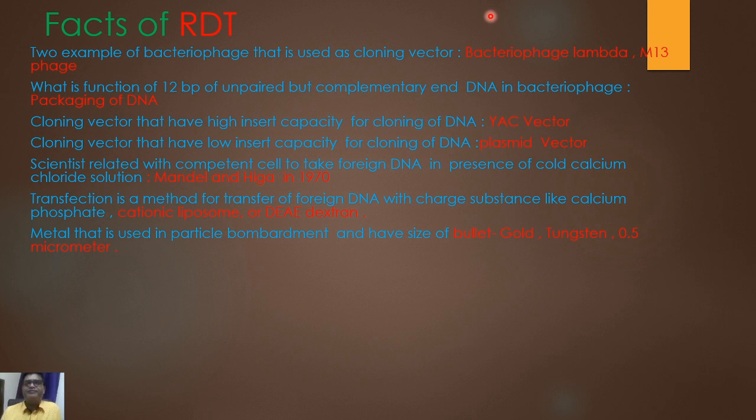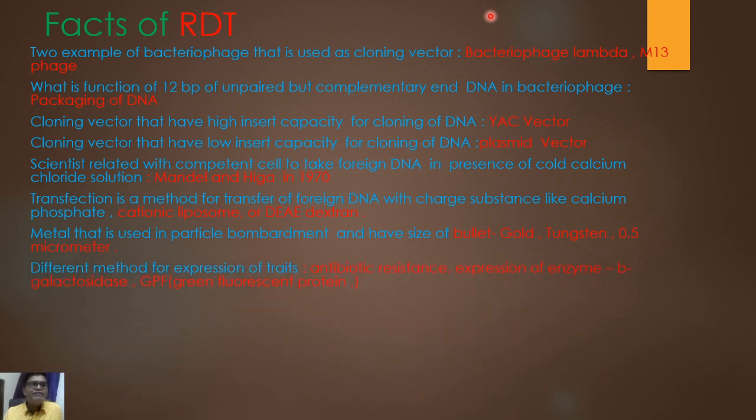We can coat the DNA on the bullet of these small-sized gold or tungsten particles. Then we target the protoplast, the cell without cell wall, and we can easily transfer the DNA inside the cell or tissue of the desired protoplast. So this is generally used for quick transfer of DNA inside the plant.